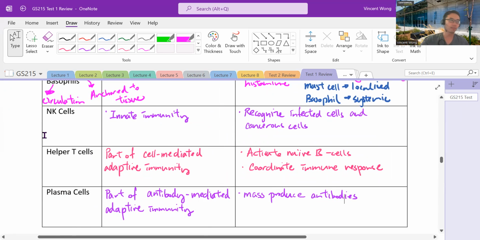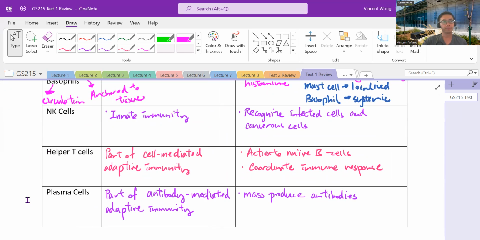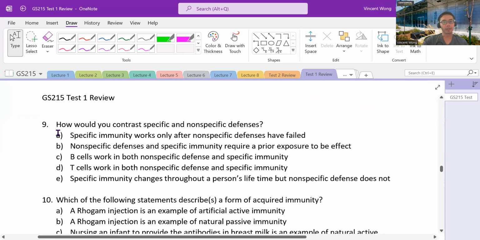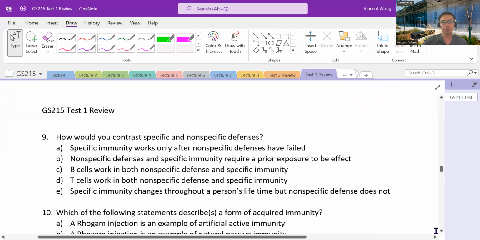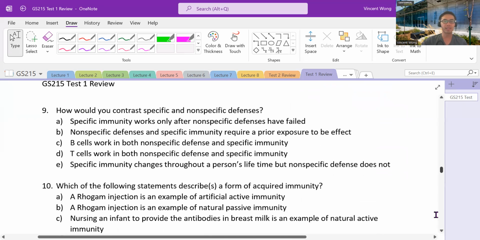Any questions about any of the cells? Okay. Thank you. Number 9, how could you contrast specific and non-specific immunity? All right, let's do the poll.